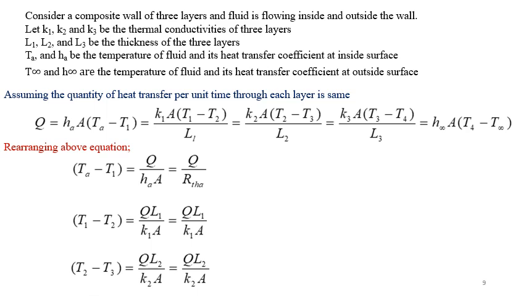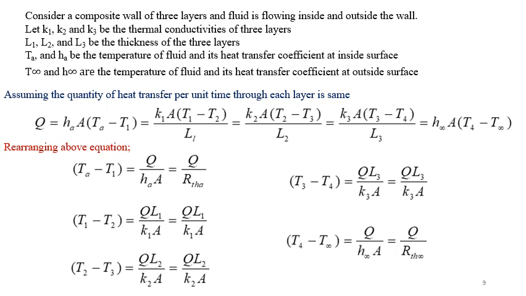Then T2 minus T3 is equal to Q L2 by K2 A, similarly Q L3 by K3 A, and T4 minus T infinity is equal to Q by h infinity A, which is Q times R_th infinity.